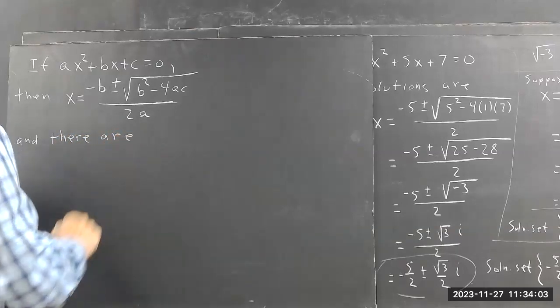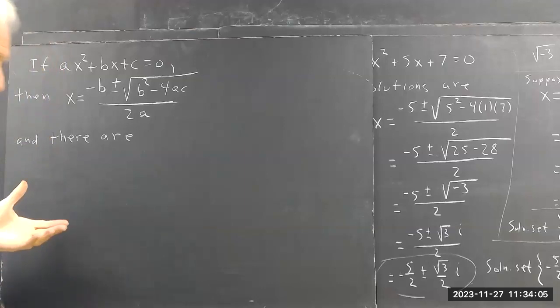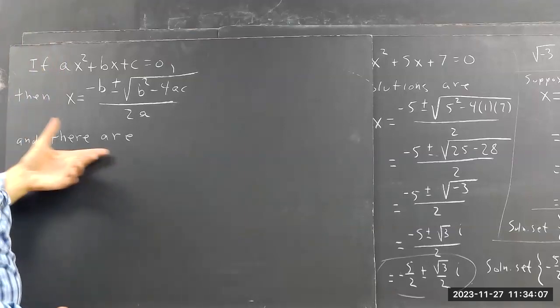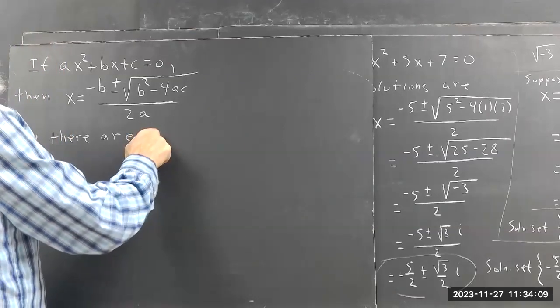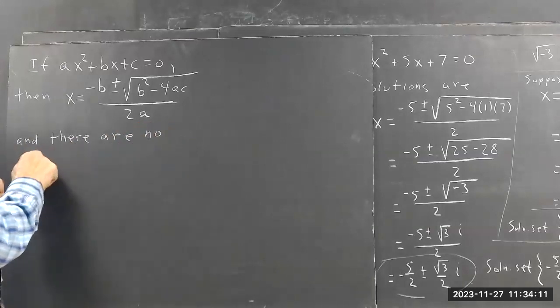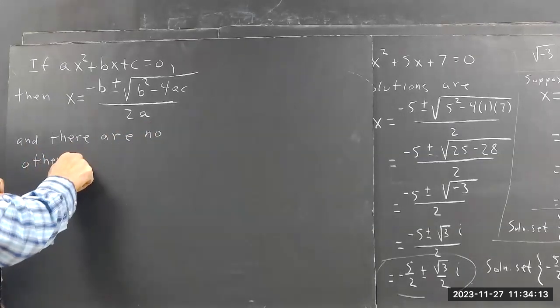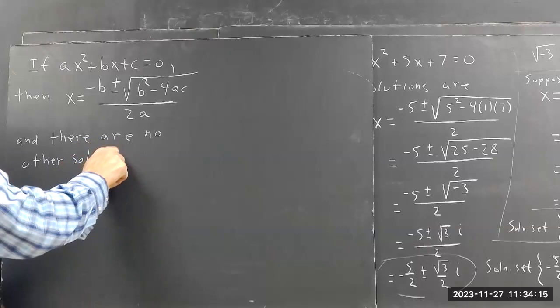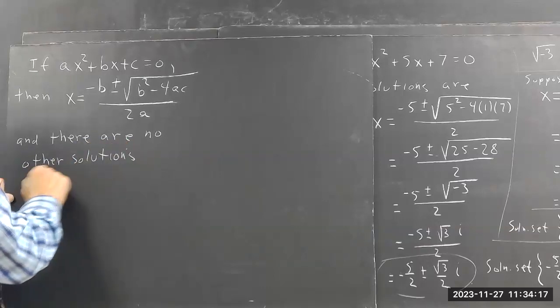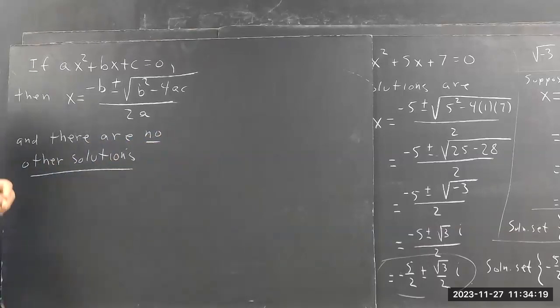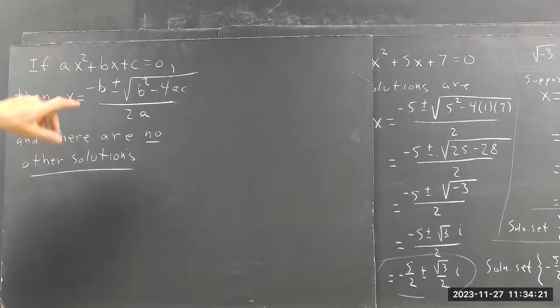And it's usually not stated this way, but it's real important logically to be sure we understand that there are no other solutions. If there are any, well, there are solutions.